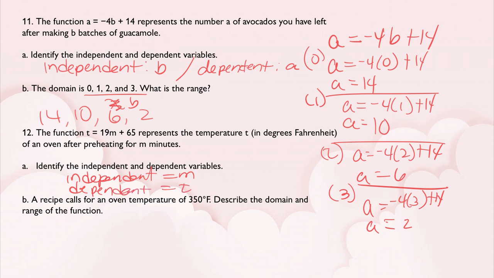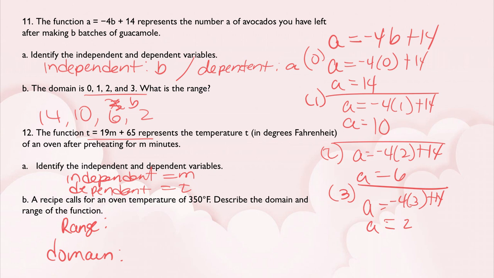T is my dependent. Now, what's going to be my range here? I wasn't given a range, right? And I wasn't given a domain, correct? But I was given an equation.